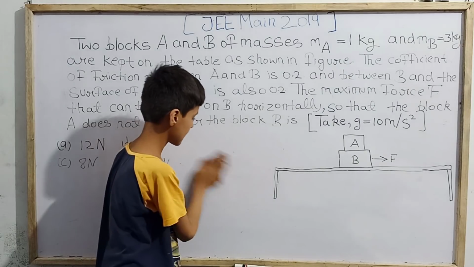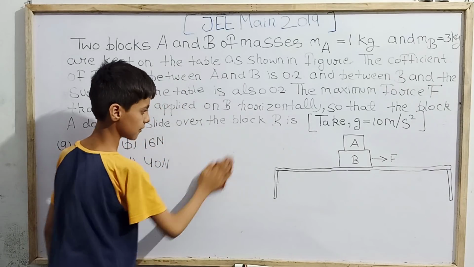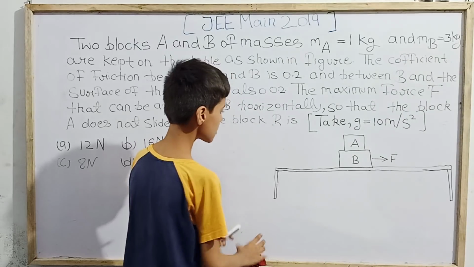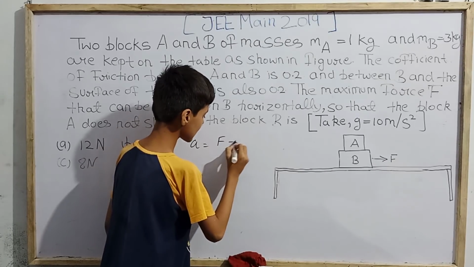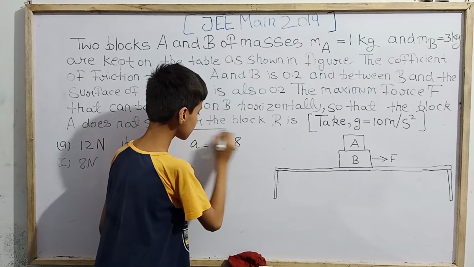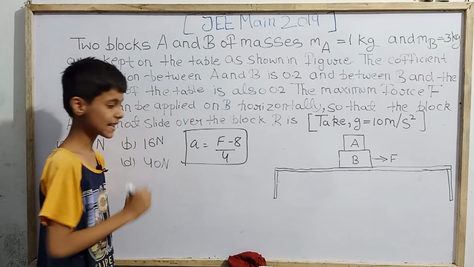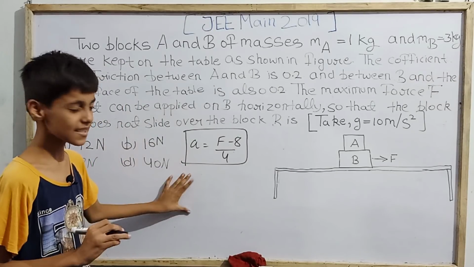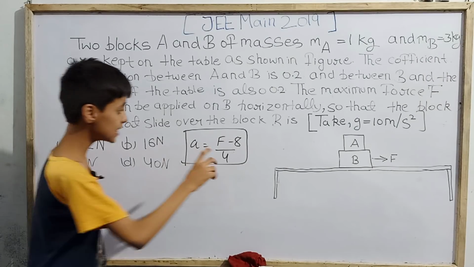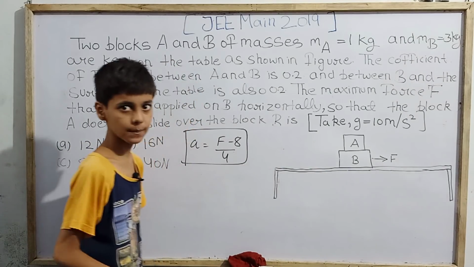Now let us begin once again. What formula did we have? A equals (F minus 8) divided by 4. Using this formula, let us first discuss one more concept: a frictional force will be acting.